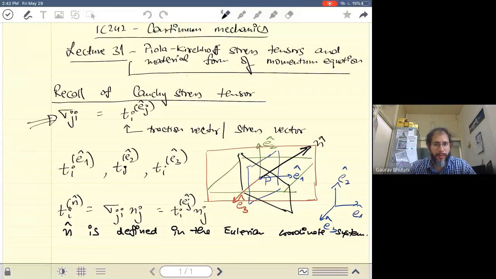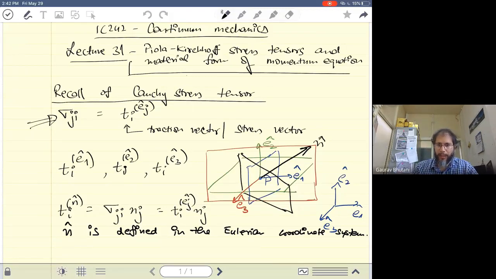That coordinate system has three mutually perpendicular axes, which may or may not coincide with the room coordinates that we have defined for the current coordinate system. At any time we can have a room coordinate system, that is a coordinate system fixed to the room, which we also call the Eulerian coordinate system, and the e1, e2, and e3 directions for the Eulerian coordinate system may be different from capital I1, capital I2, and capital I3 coordinates, which were defined for the Lagrangian or the material coordinate system.